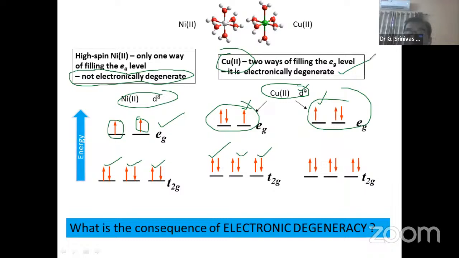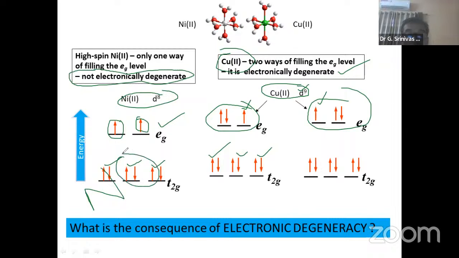Okay. So what is the consequence of the electronic degeneracy? Electronic degeneracy is present in the copper aqua complex. That is the reason why the distortion occurs in copper. Whereas there is no electronic degeneracy in nickel aqua complexes, that's why no distortion here. Here no distortion.